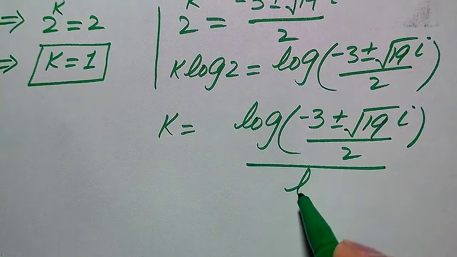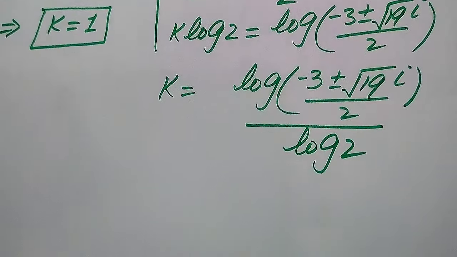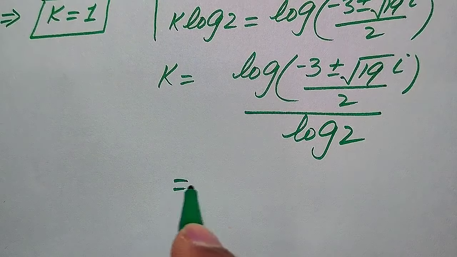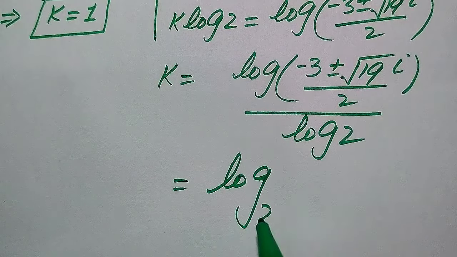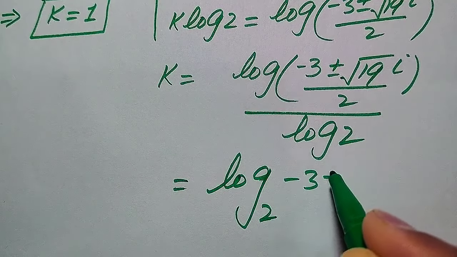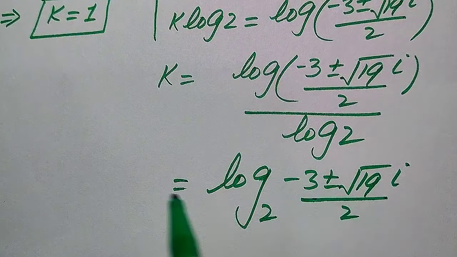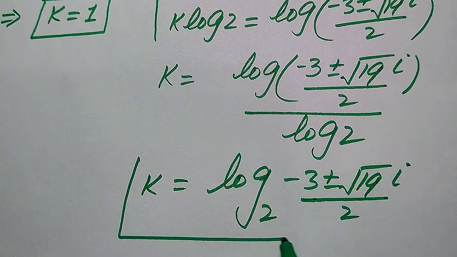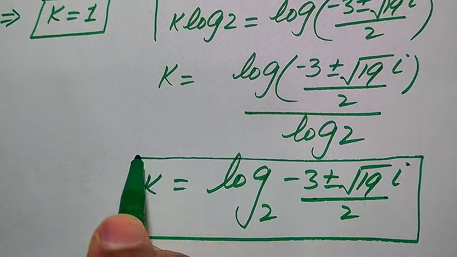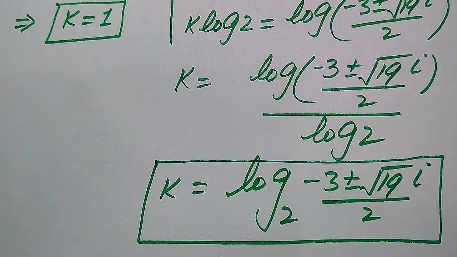To get the value of k, we divide by log 2, so k equals log of minus 3 plus minus square root of 19 into iota divided by 2, divided by log of 2. Combining these, it is written as log base 2 of minus 3 plus minus square root of 19 iota, divided by 2. These are the other two roots of the given equation, and this is the final answer of this question.